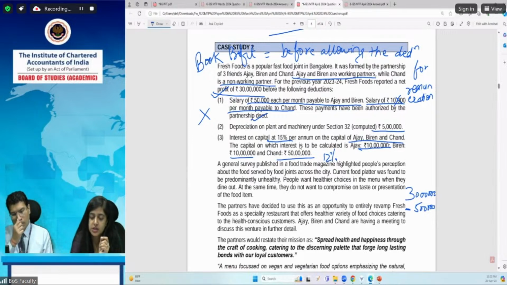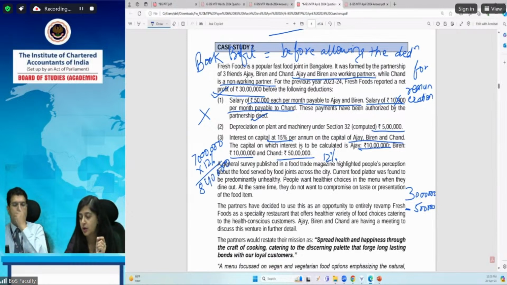What is their capital amount? 70 lakh. Interest is allowed at the rate of 12%, so total interest of 8,40,000 is allowed. Why are we computing all these things? Because for the purpose of book profit.